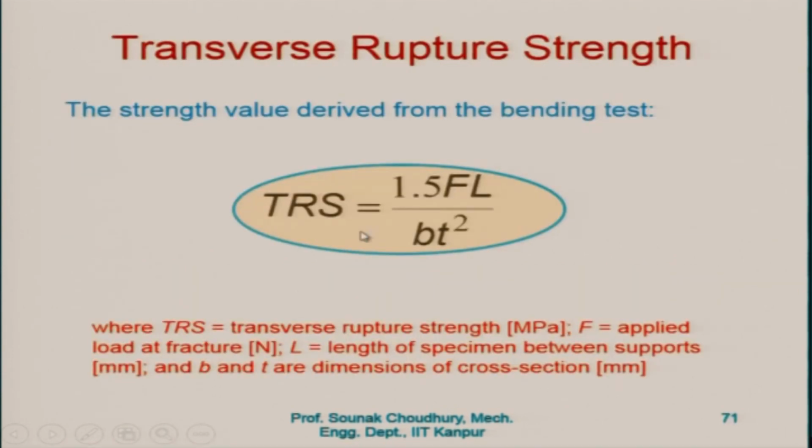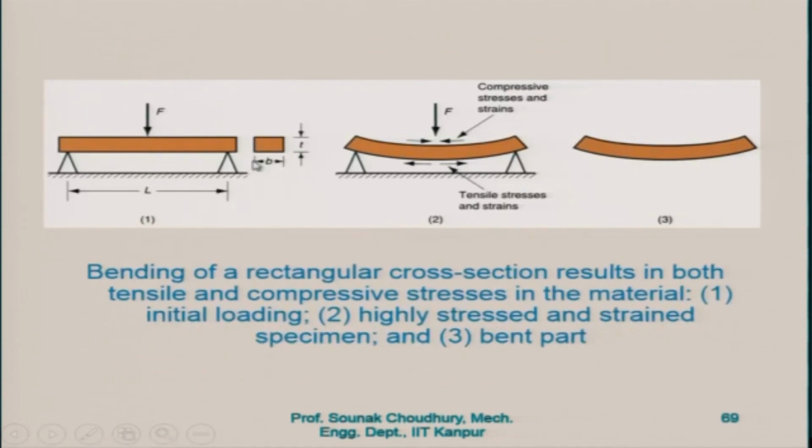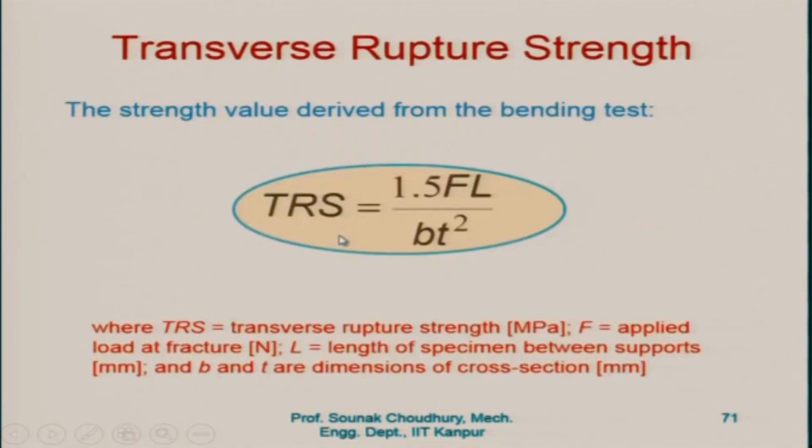B and T, as you can see from here, are the dimensions in the cross section. So, this will be divided by B into T squared. This value is the transverse rupture strength, and it is expressed in megapascals.